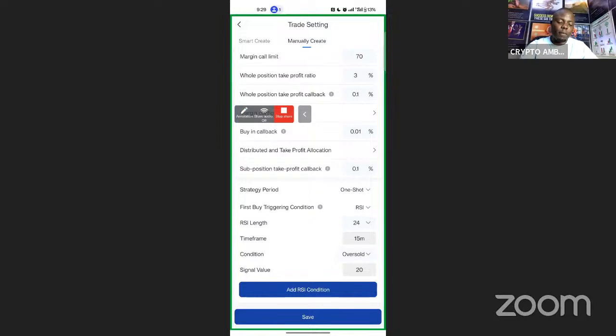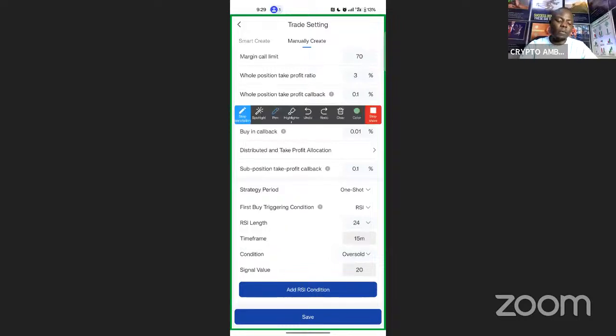The 24 will be slow. So it is me: do I want a faster RSI, a moderate RSI, or a slow RSI? Because I'm going to use the RSI to enter this coin. Are we together? Give me a one in the chat if that is clear once again.